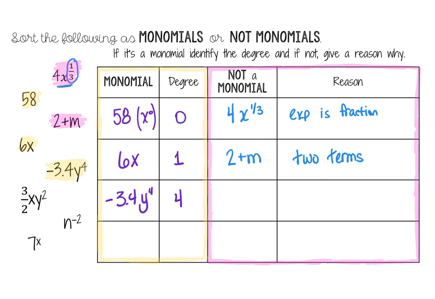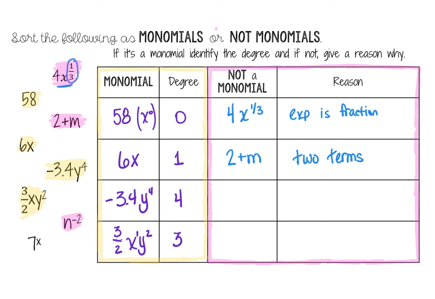So this is a monomial. 3/2 is my coefficient. x, y squared, those are my variables. Now degree, this one's a little tricky. Degree is the sum of the exponents. It's going to be 3 because I have a 1 on the x and I have a 2 on the y. My degree here is 3.